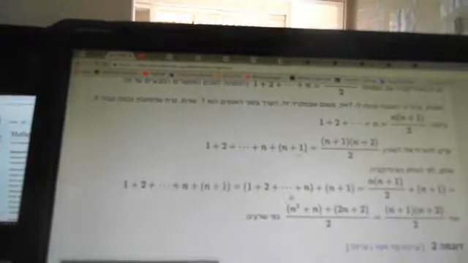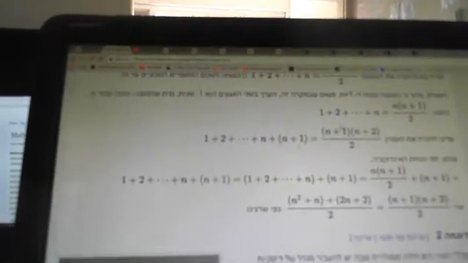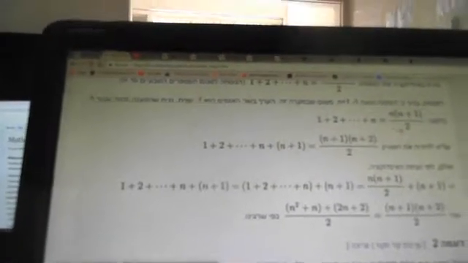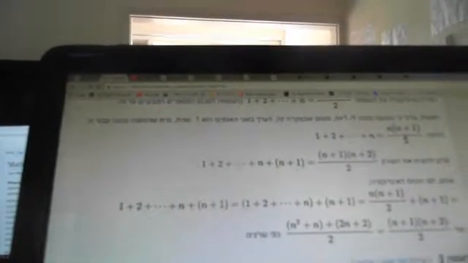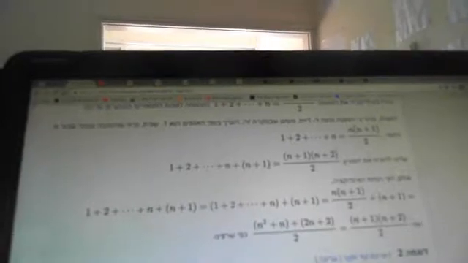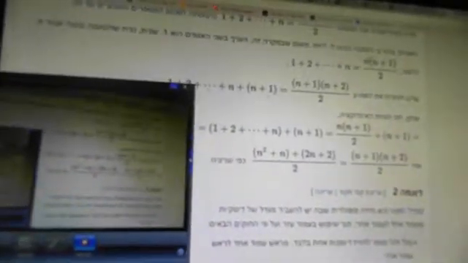But we know that according to our assumption, 1 plus 2 plus 3 plus 4 plus n is equal to n multiplied by n plus 1, and all is divided by 2. That is our assumption, that the first equation is true.